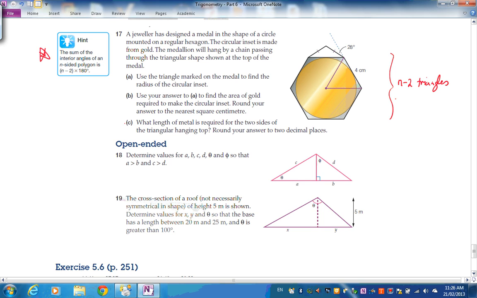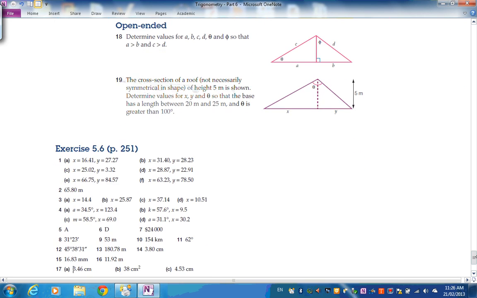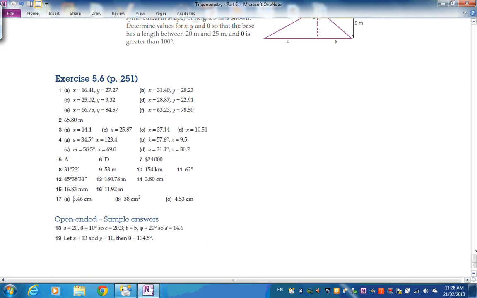So we've got n take 2 lots of 180 degrees internal angles, because the sum of angles in one triangle is 180. So then just coming down here, there are all the answers. So do as many as you can, mark your work. I think that's very, very important. And scroll back and forward so that you can do that.